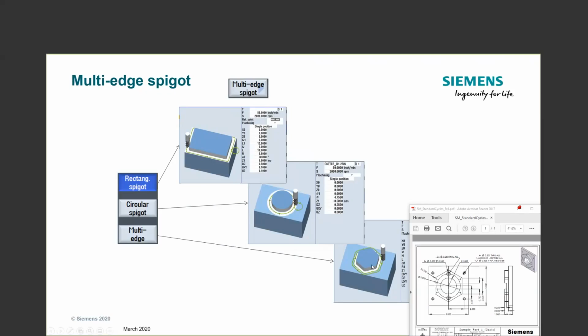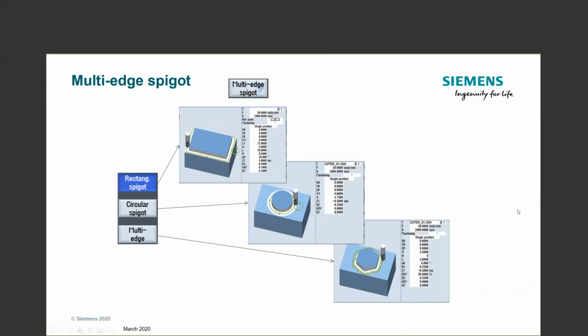And then what we'll be using in our example is the actual multi-edge spigot, and this one gives us a little bit more versatility because it gives us this DXY value. So that gives us the ability to step over in the X and Y axis to kind of rough that part out.